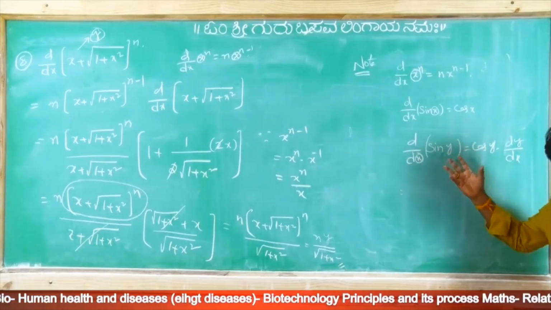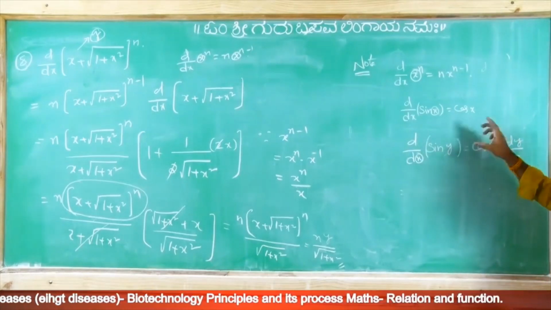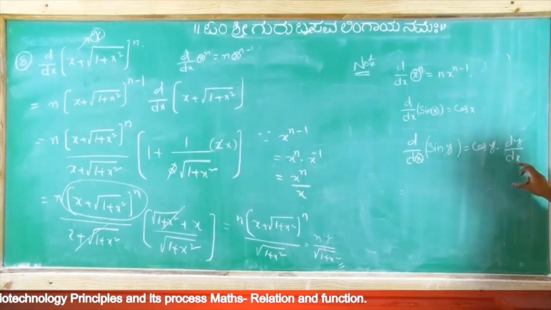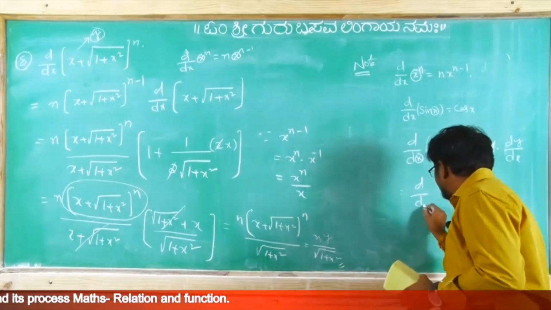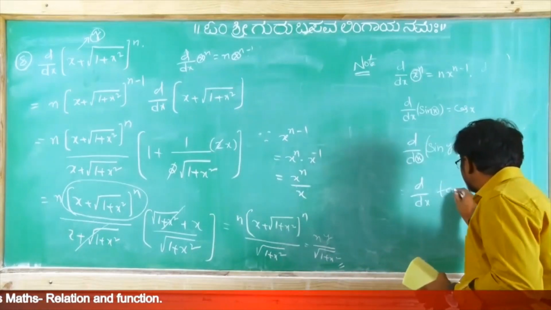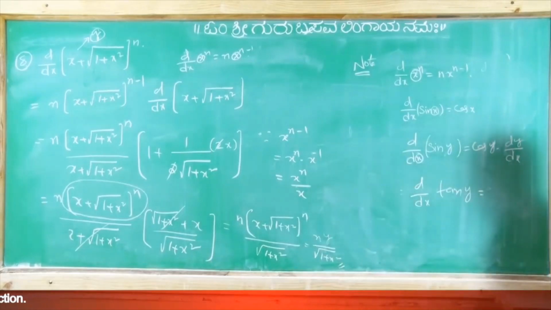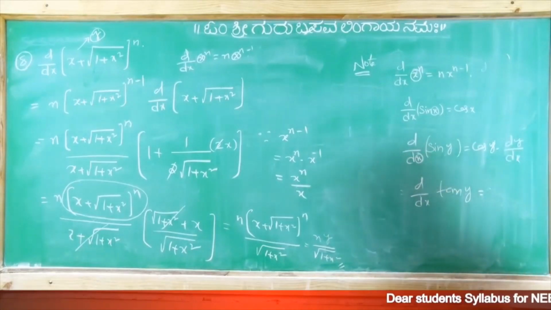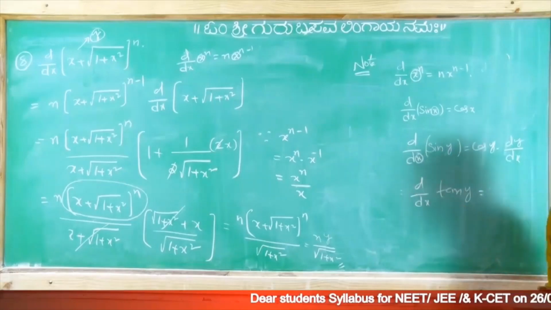Differentiation with respect to x of which function? sin y. The differentiation of sin y is what? cos y. Again we have to do the differentiation for what? y. So dy by dx you will get. For example, d by dx of tan y is there. Here we are doing the differentiation with respect to what? x. But what is the variable here? y. The differentiation of tan is what?